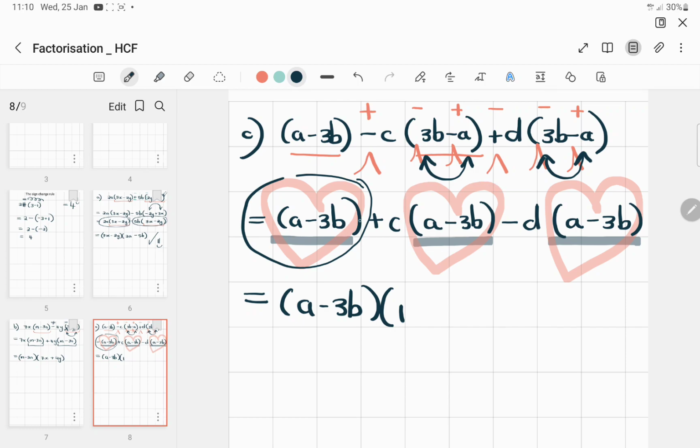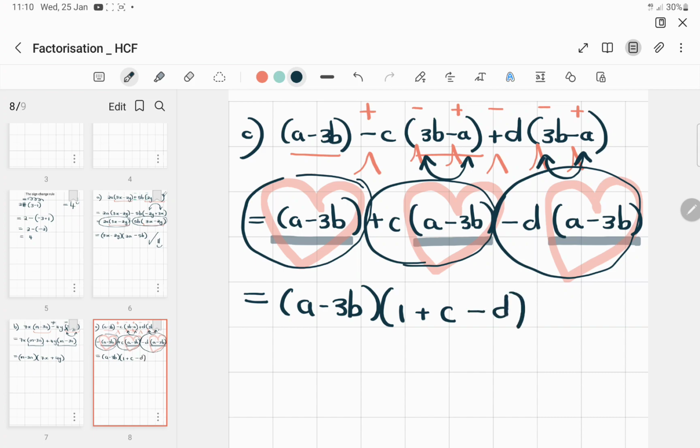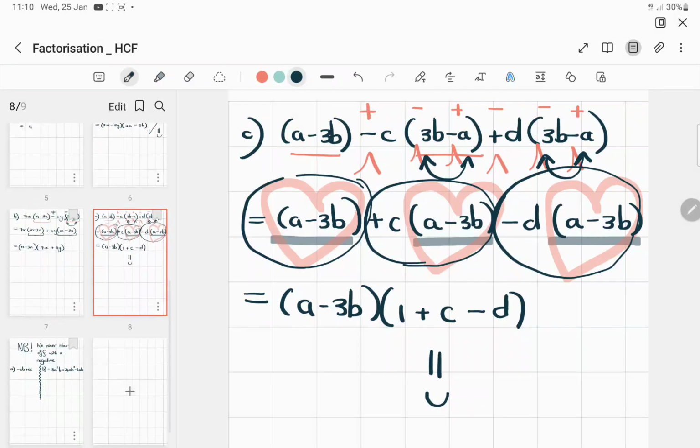Then you take the positive cb and divide away the bracket, then you're left with a positive c. And the last term over here, if you take away the bracket of a minus 3b, or you divide away with it, you're left with negative d. And there's your answer. I hope this helped.